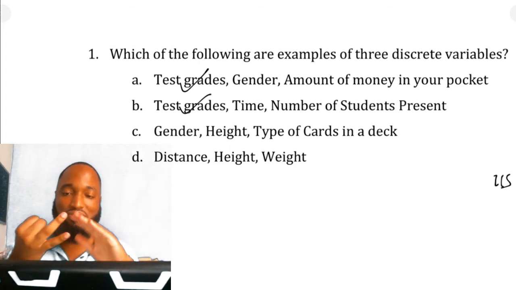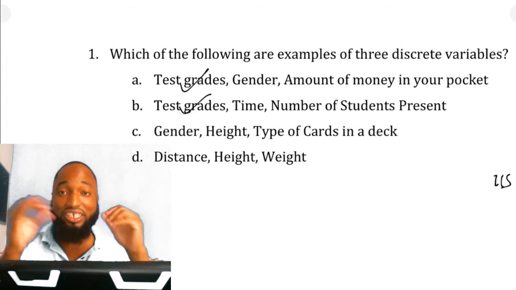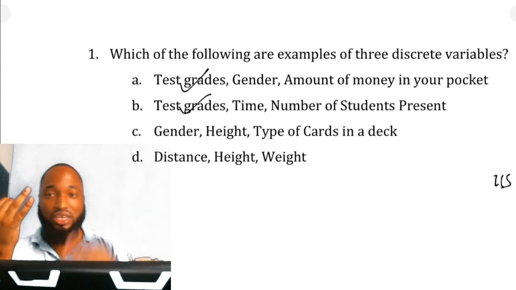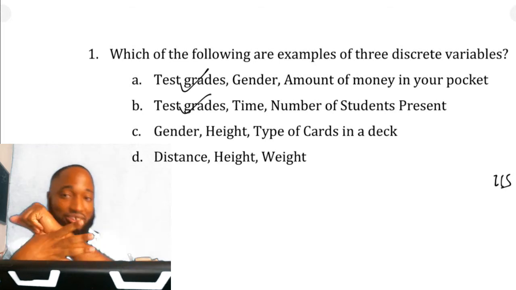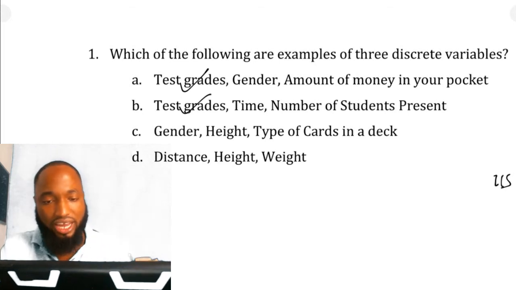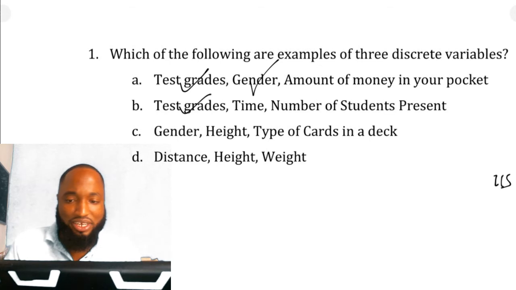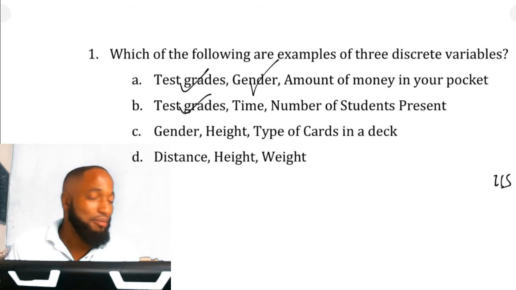So you have the male gender and female gender, discrete, different categories. Even people adding in other categories are adding distinct categories. So yeah, that's discrete. Amount of money in your pocket, is that discrete? Yes. That's a solid number.